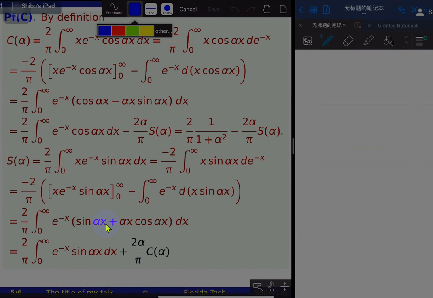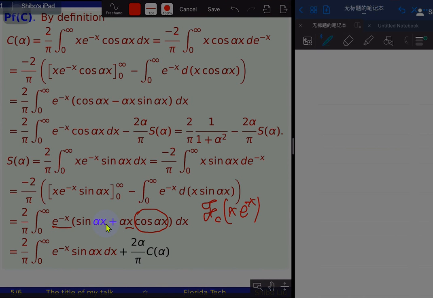The second integral is precisely exponential of minus x times cosine alpha x. So this is just the Fourier cosine transform of our function. Okay, that is C alpha. So we have 2 alpha over pi times C alpha.